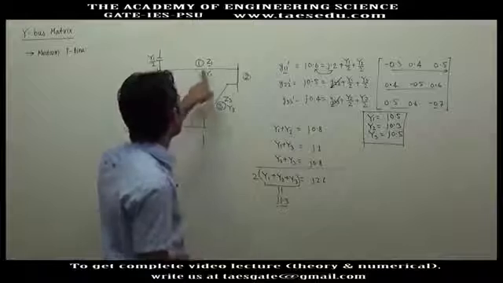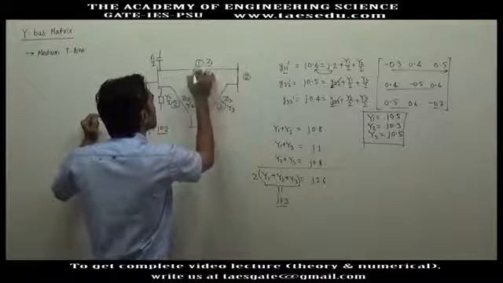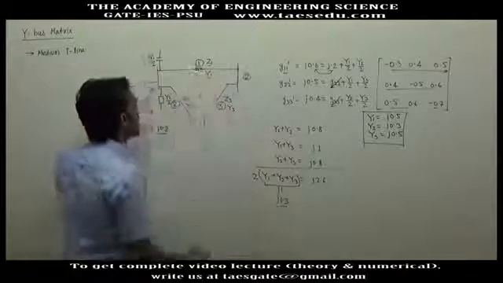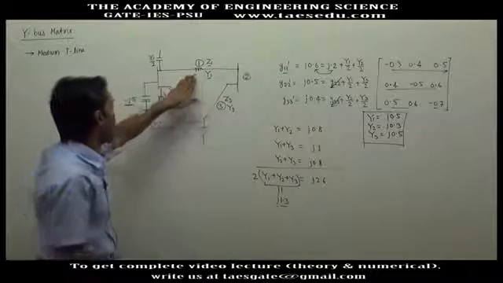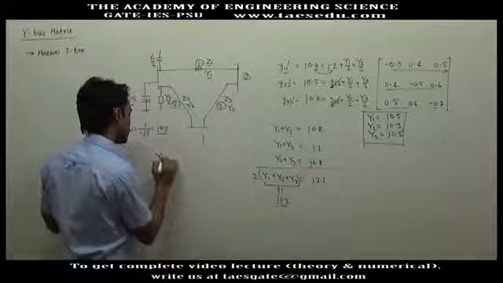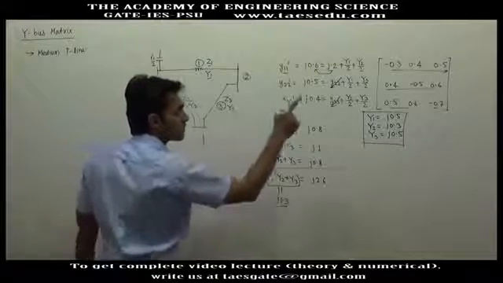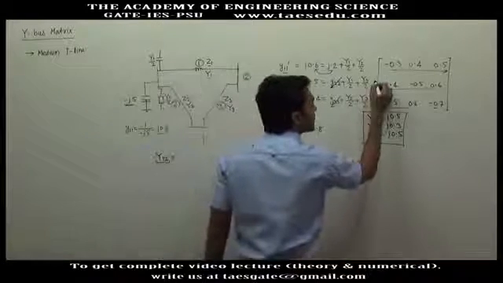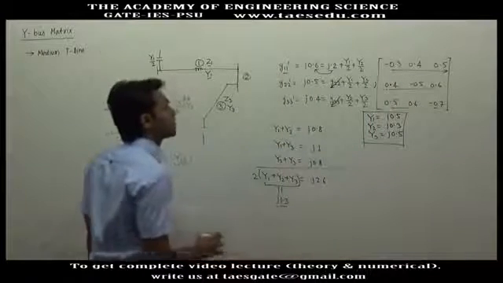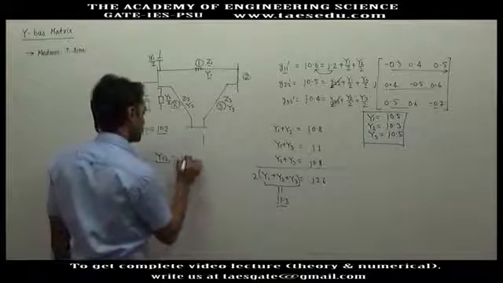If you want to find the series part, this will correspond to capital Y12. You will find capital Y12 from the matrix. Here you will have j0.4.